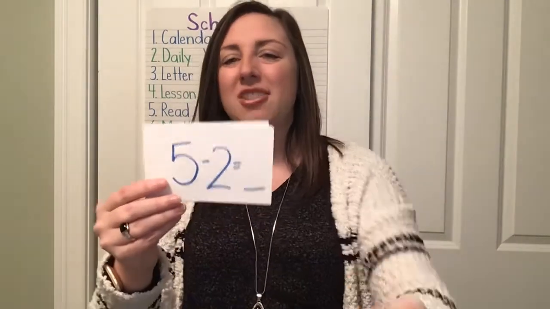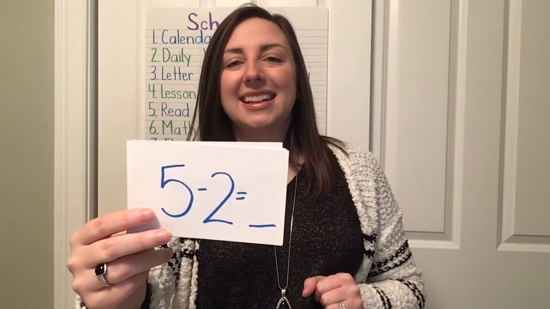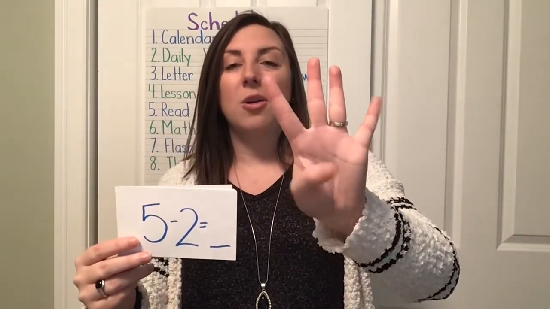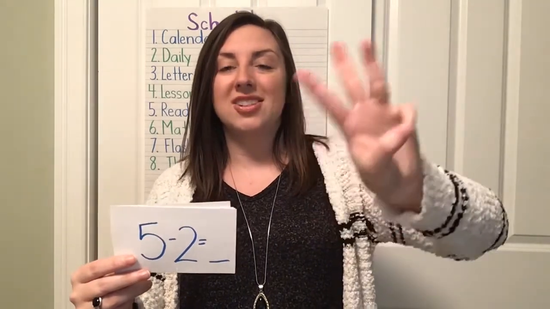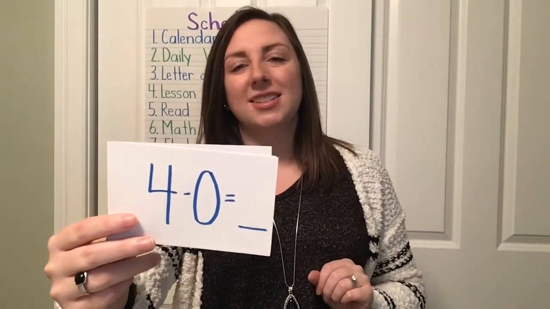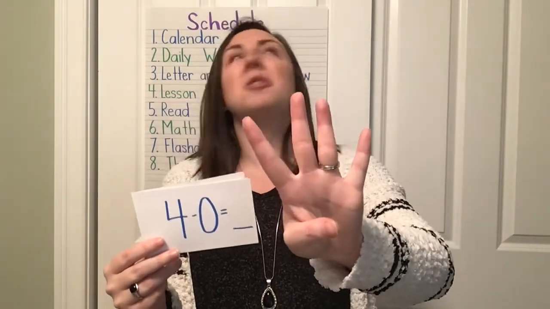Your answer is 0. 5 minus 2 equals 3. You have 5 and you take 2 away. 1, 2. Your answer is 3. 4 minus 0 equals 4. You have 4 and you take away 0. 0 is nothing.